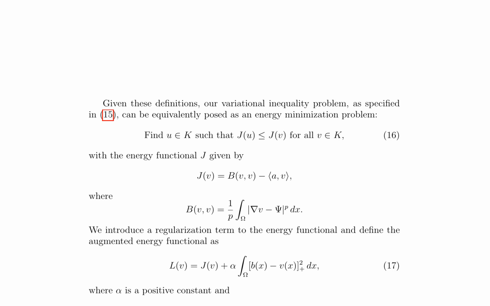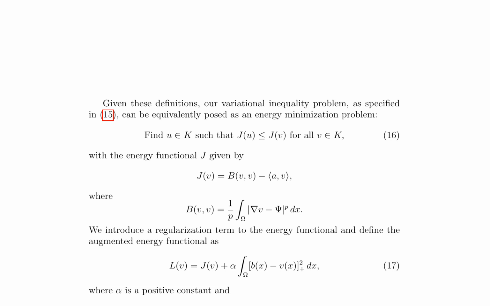The energy functional J is defined as J(v) = B(v,v) - A(v), where B(v,v) is a p-Laplace-type term. A regularization term is introduced to the energy functional, leading to the augmented energy functional L(v) = J(v) + α ∫Ω (b - v)_+^2 dx.